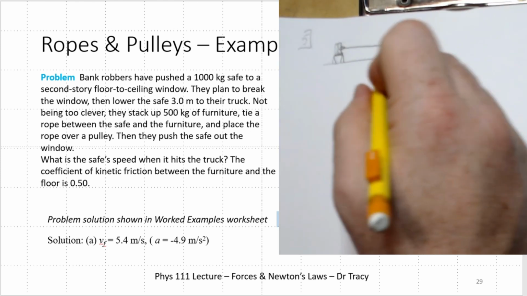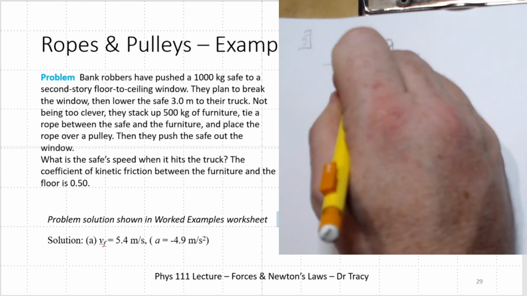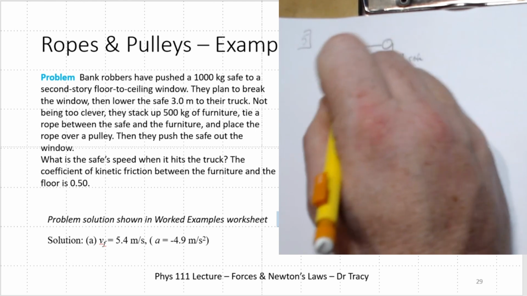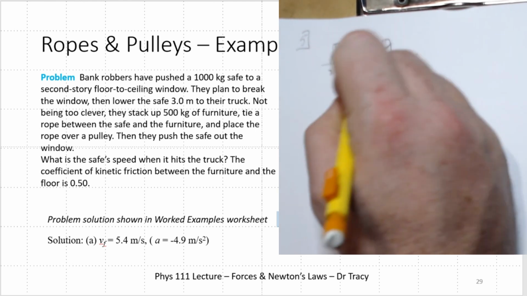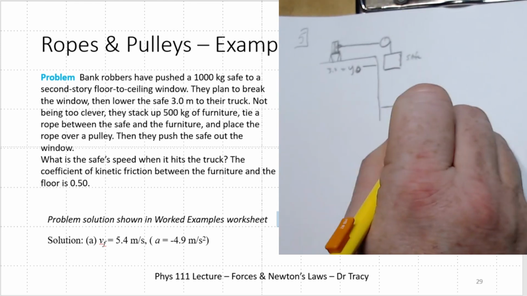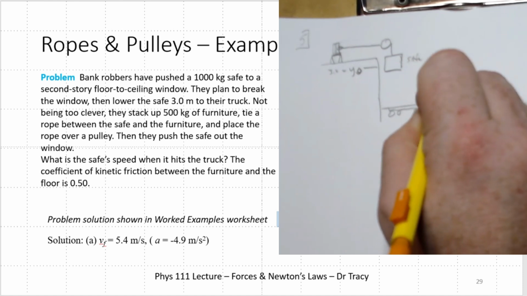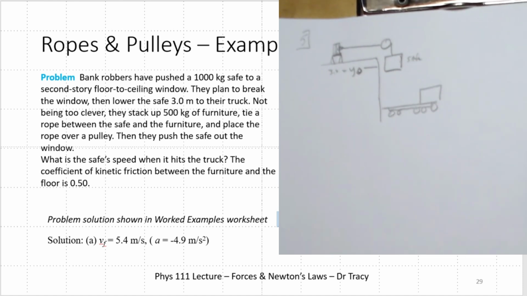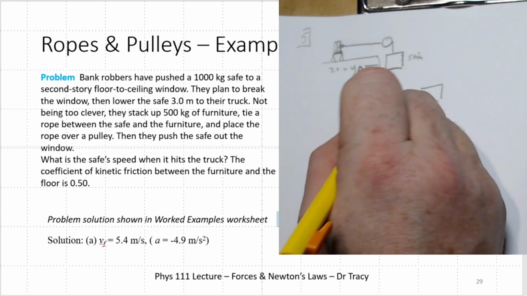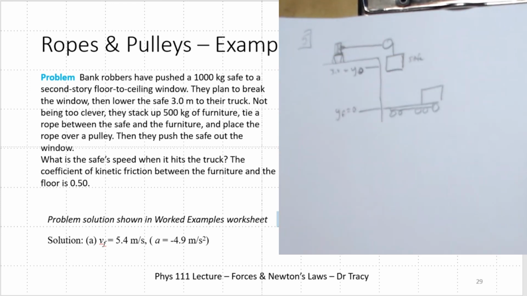The safe's going to go down some distance of y initial of 3 meters to the back of the truck. Y final equals 0.